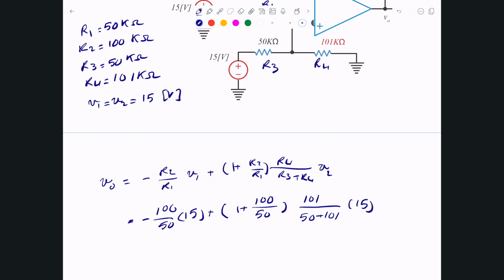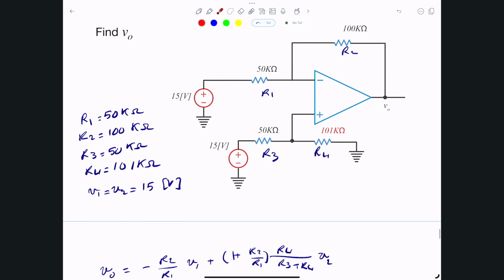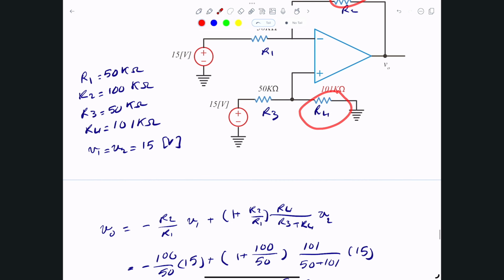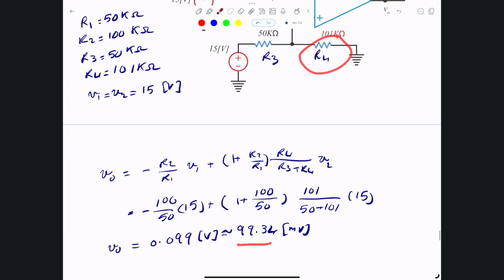The answer for V0, instead of being 0, will be 0.099 volts, or close to 99.34 millivolts. While it is very small, this 1 kilo ohm mismatch between R4 and R2 has generated something that is about 100 millivolts.